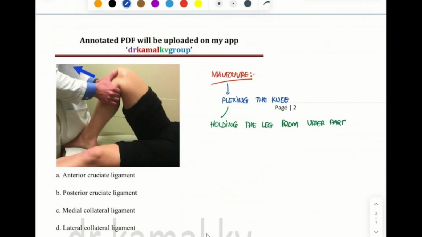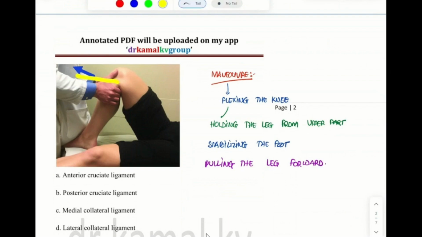Then what we can see, stabilizing the foot. And lastly, he is pulling the tibia or pulling the leg forward. So he is pulling the leg forward.